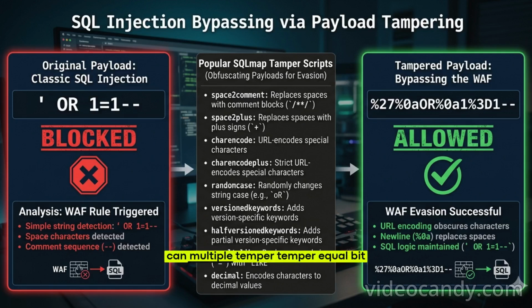You can chain multiple tampers, such as between, randomcase, and charencode. SQLMap has over 80 built-in tampers, and for custom needs you can write your own Python script. Tampers are the secret weapon for bypassing most WAFs. Combine "--random-agent" and "--proxy" for even better stealth.